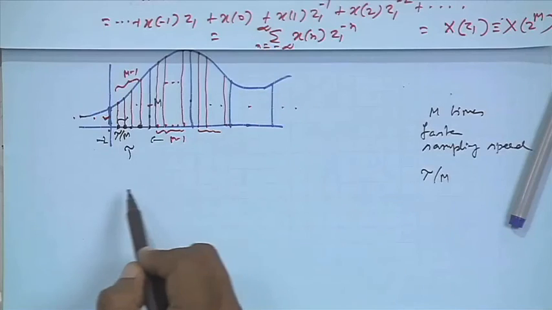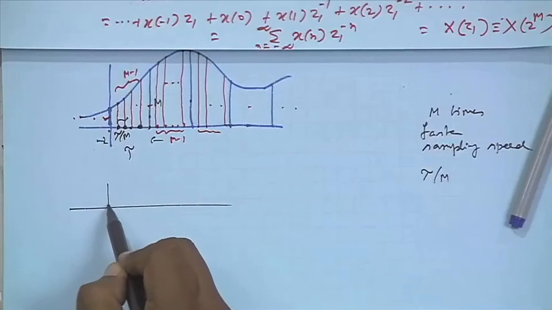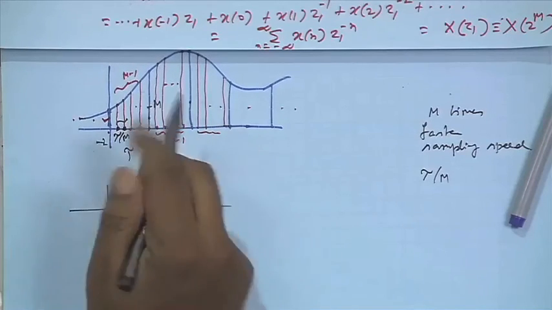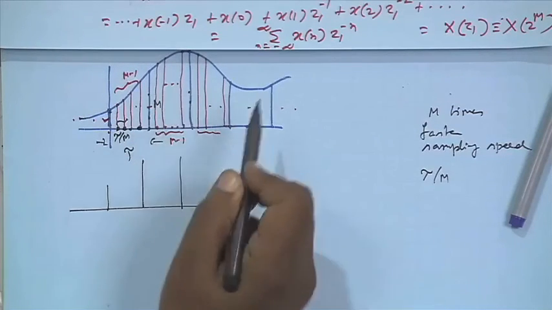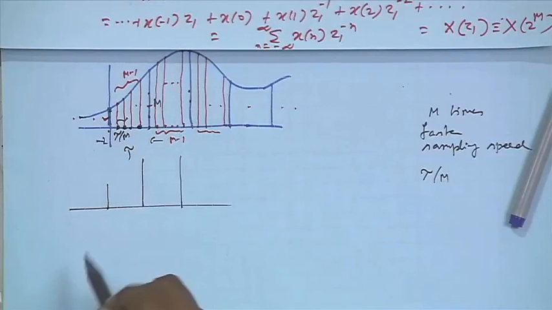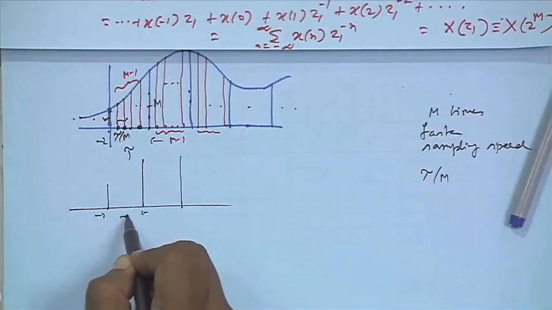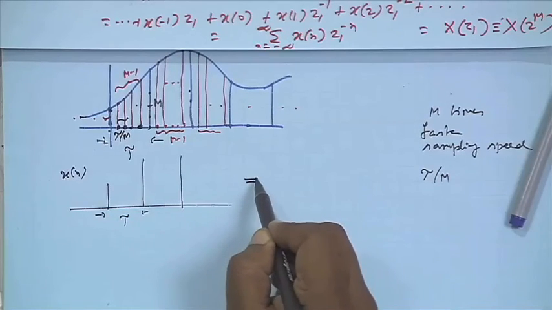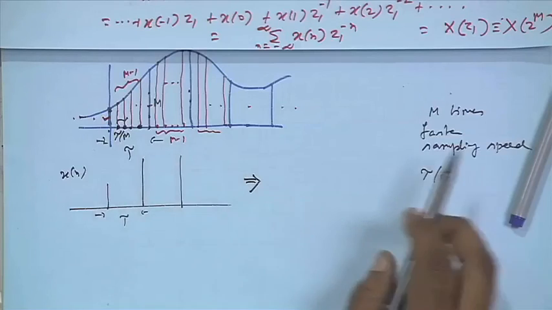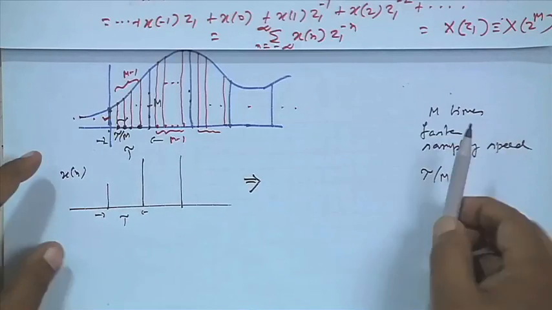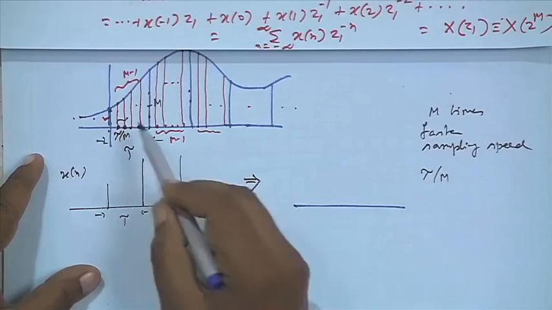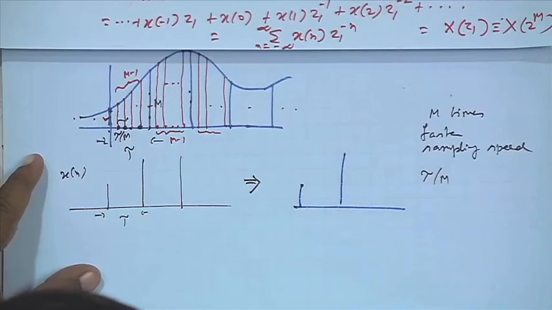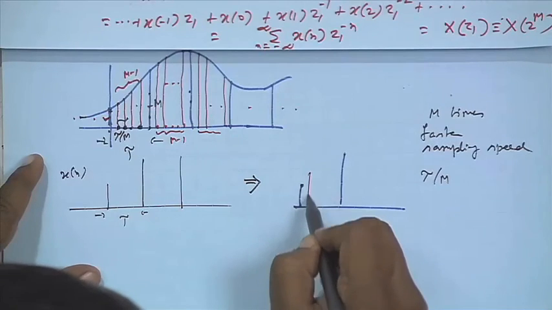My question is, if I am given this original lower-rate sample sequence, these blue colored samples, sampling period tau, which I call x n, can I get back this high speed one, but you have got these red ones.